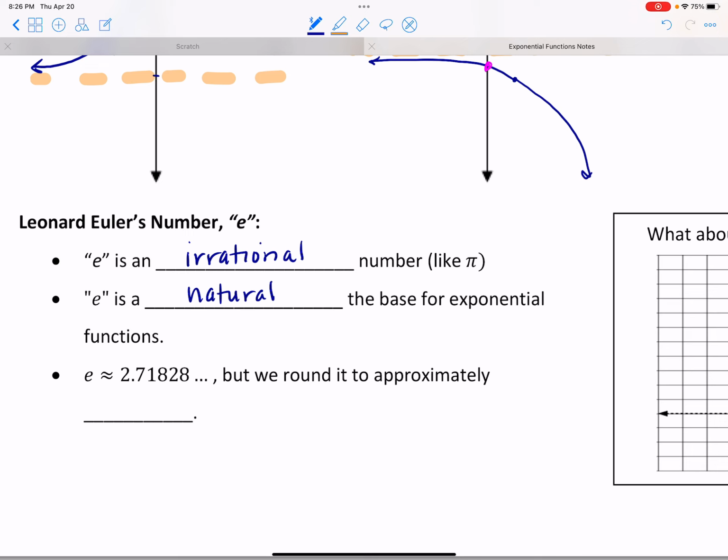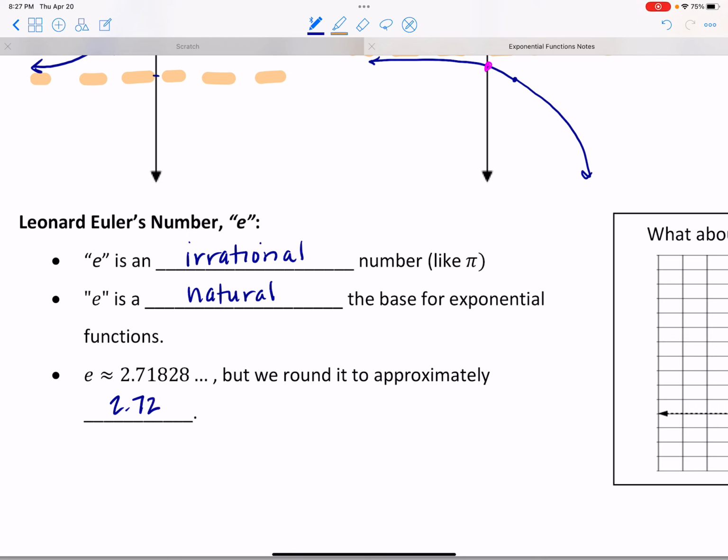There's an infinite number of times that you can compound the interest, and as that number gets bigger and bigger, what you see is it approaching this value of e, which is 2.71828 forever, on and on like pi, but we're just going to say it's about 2.72.